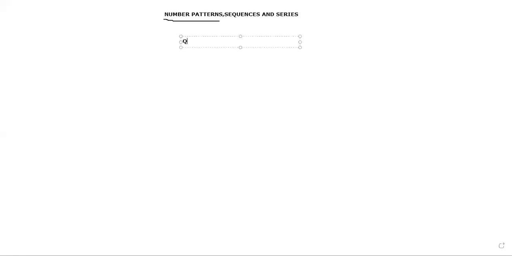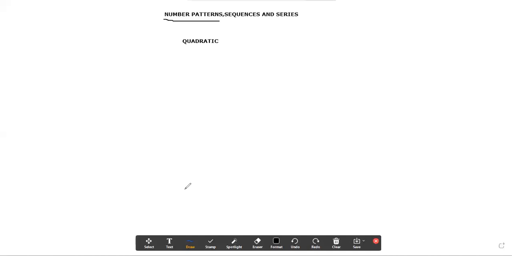Obviously in grade 12, they won't teach you this because they expect you to know it from last year. So the quadratic sequence, what is important here is that the second difference has to be constant. I'll just write: the second difference has to be constant.